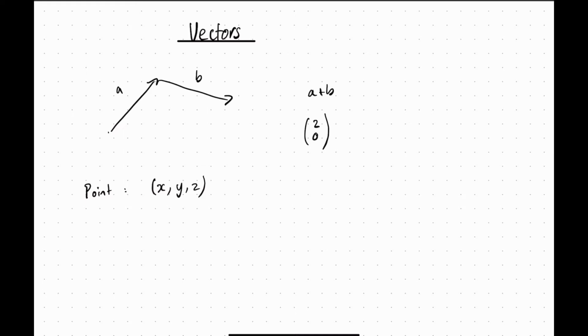In terms of how your vector is written, your vector is written as X, Y, Z, stacked in a column. There, easy, right? The top value represents the X direction, the second value is the Y direction, the third value is the Z direction.